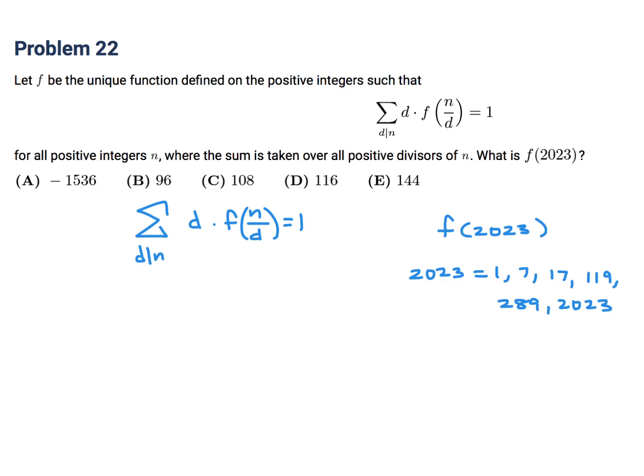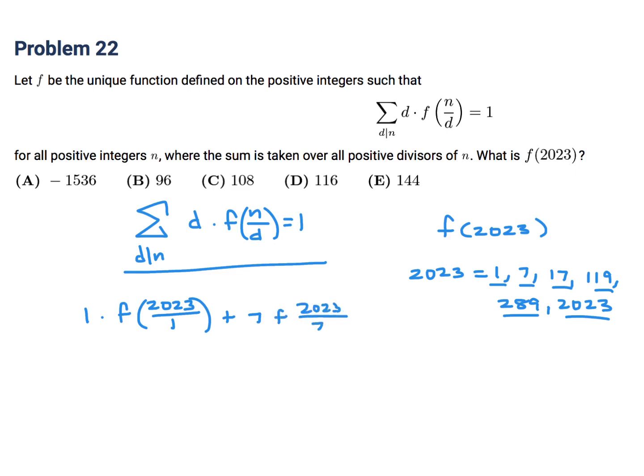So if we apply that to this, it would basically be using these numbers as d's to sub into that. So it would be 1 times f at 2023 over 1. And then the next one would be 7 times f at 2023 over 7. Right? It's the sum, so you've got to add them all.